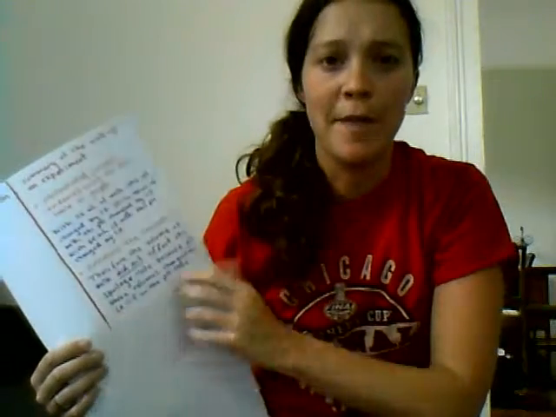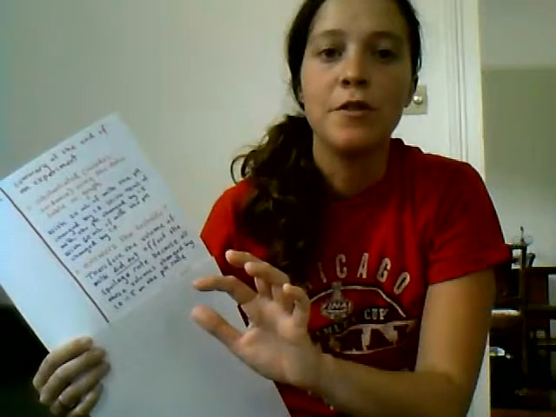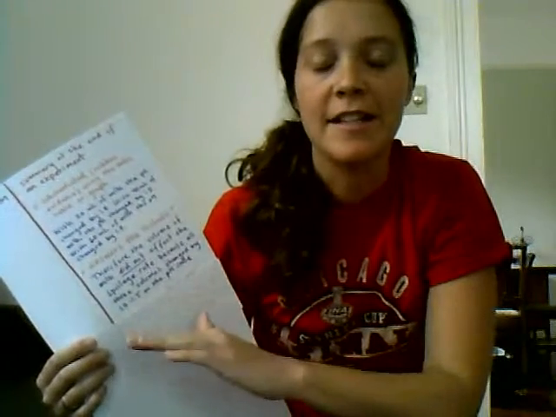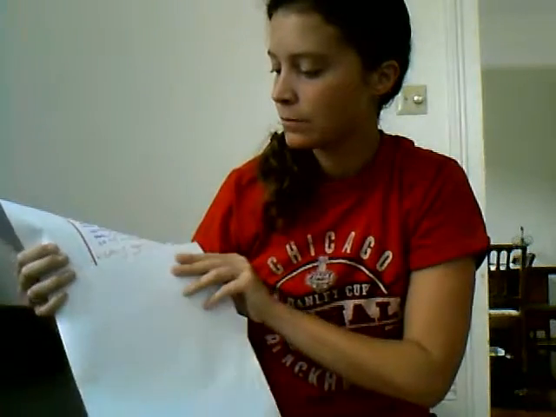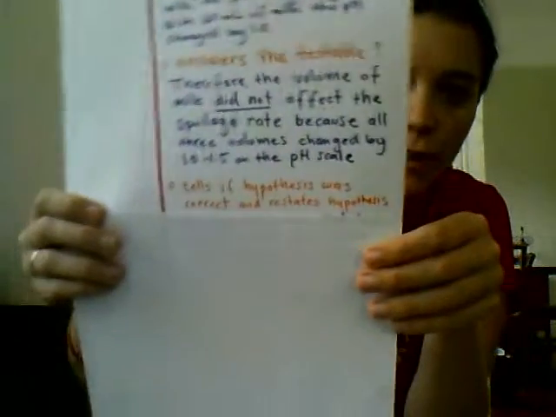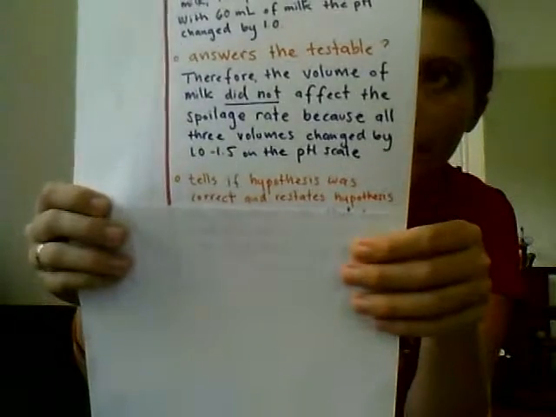My next part of my conclusion is going to tell if the hypothesis was right, and then I need to say what I learned. So the next part: restate your hypothesis and tell if it was correct. Go ahead and write that down as your next bullet point under your conclusion.